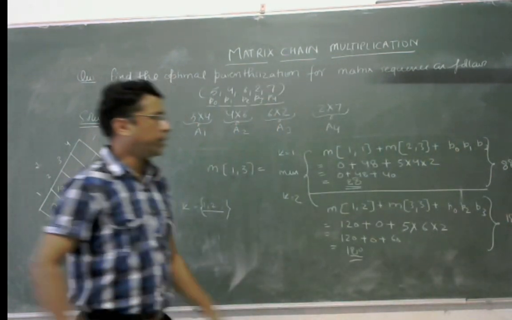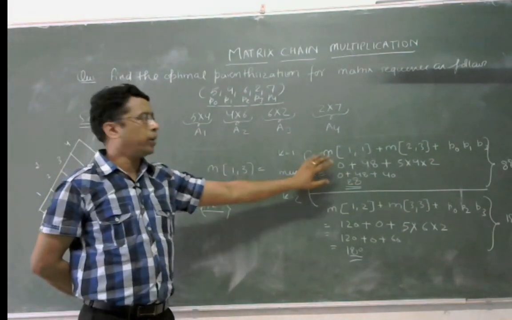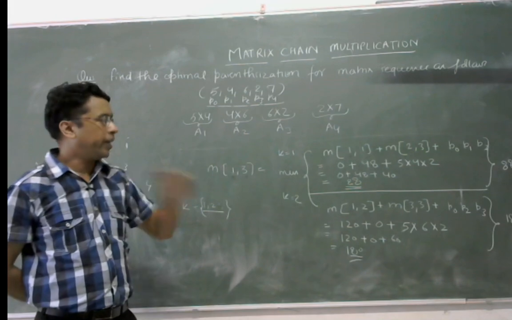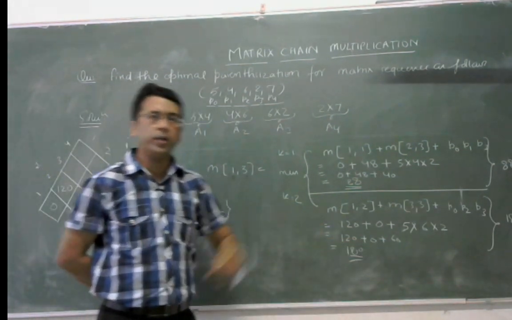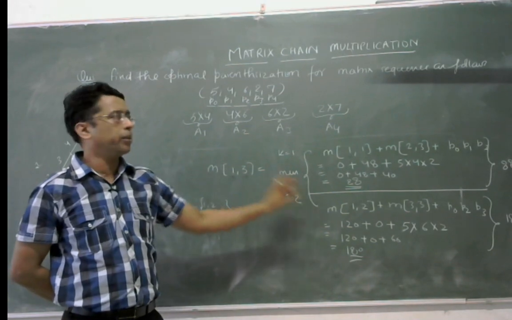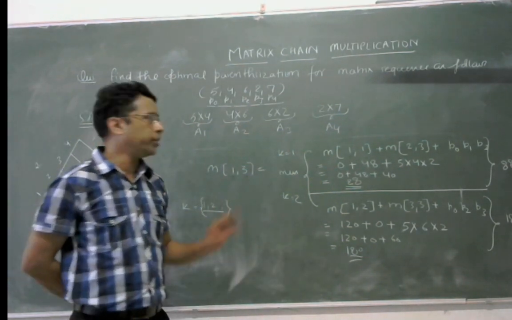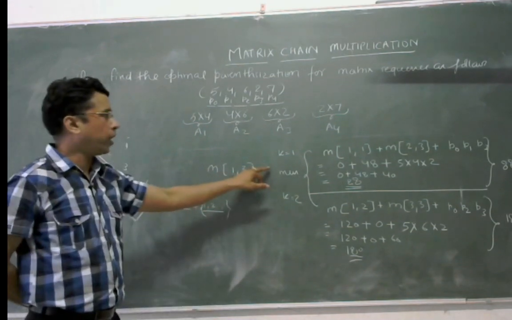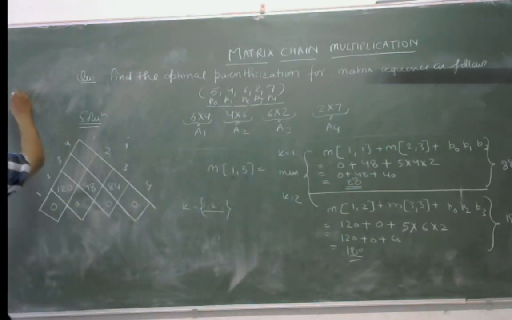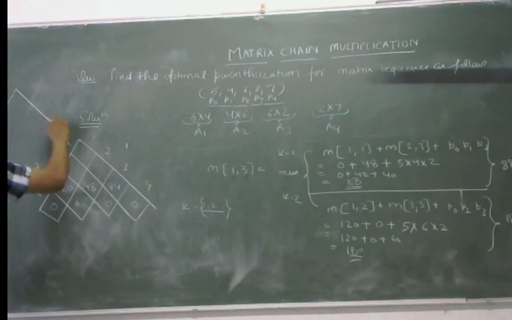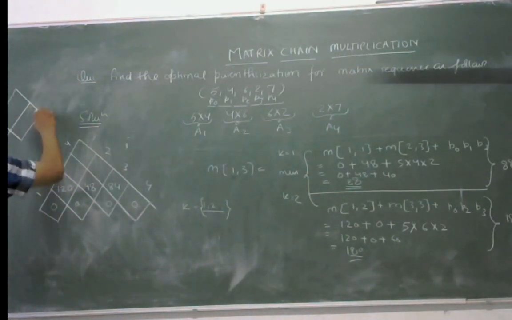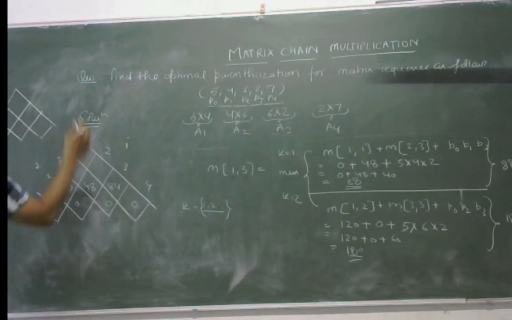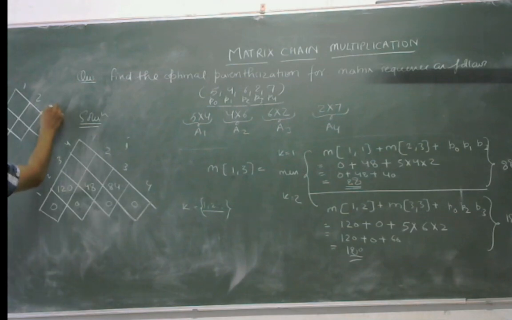So we have here for k equals to 1, the expression value is equals to 88, and for k is equals to 2, the expression value is equals to 180. Among these two, 88 and 180, the minimum value is 88. We have to fill this place with the minimum value, and along with this we shall create a small matrix here also, which will remind us of this portion, 1 2 3 4.